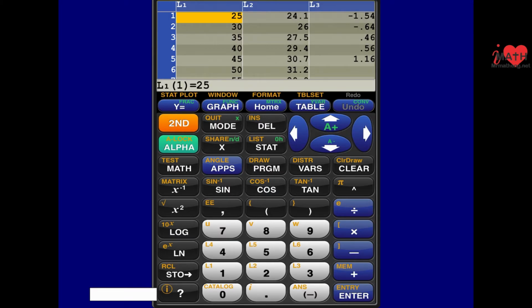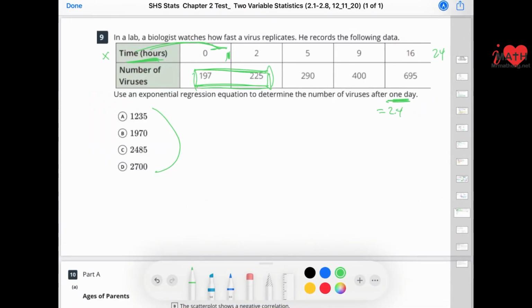Stat, calc, exponential reg. Vars, y vars, function, y1. Calculate. Okay. Let's just use what I got here. So I have y equals a times b to the x, so 194.806, my b value is 1.083 to the x power.